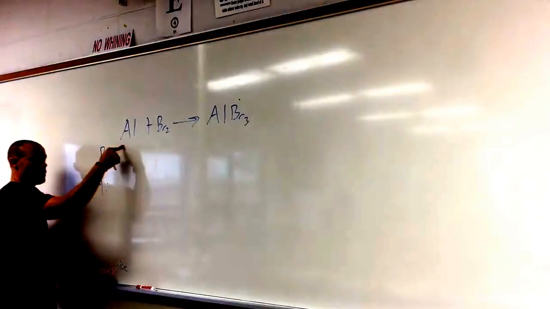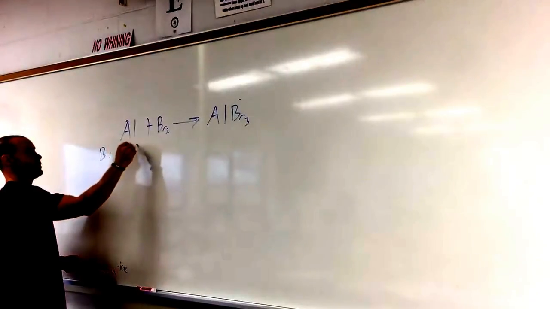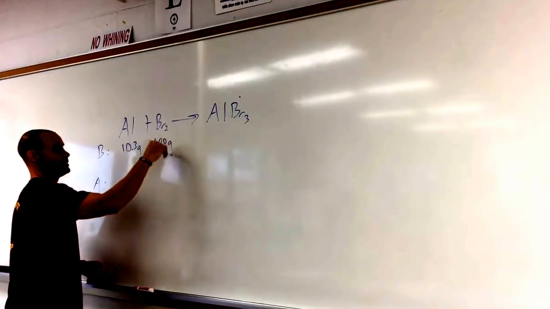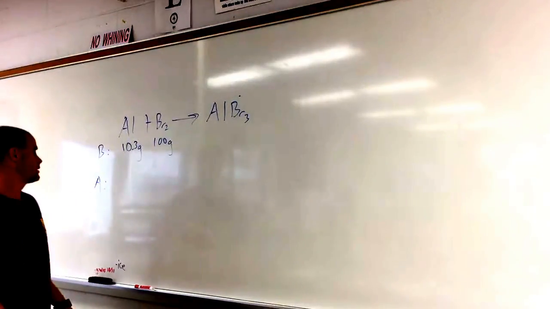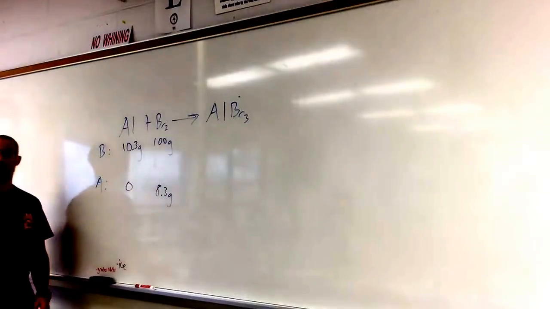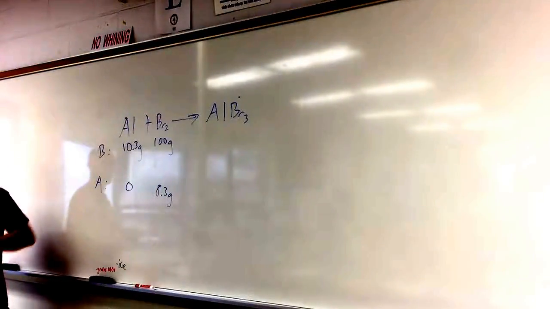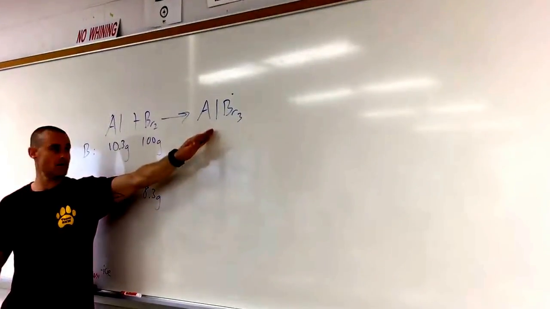So if we start with, what is this, 10.3? Yeah, 10.3 grams here and 100 grams here, right? Is that what we're starting with? Okay, after the reaction, there is 8.3 grams of this, 0 grams of that. So you take aluminum, you take bromine, they come together, it's called synthesis, they make a product.